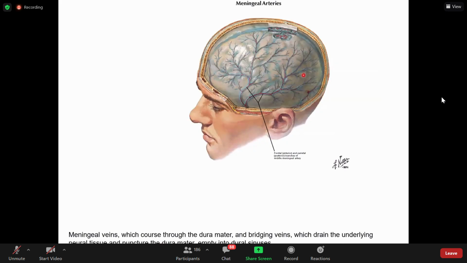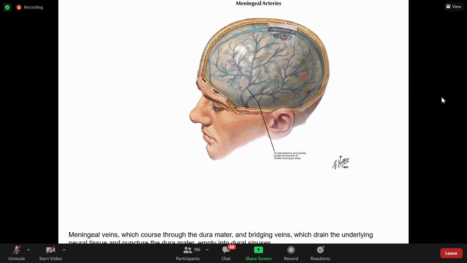Now, as I said earlier, venous drainage of the blood eventually will happen through venous sinuses. Venous sinuses are located between the two layers of the dura mater, and eventually they will all drain into the internal jugular vein or veins in the neck.